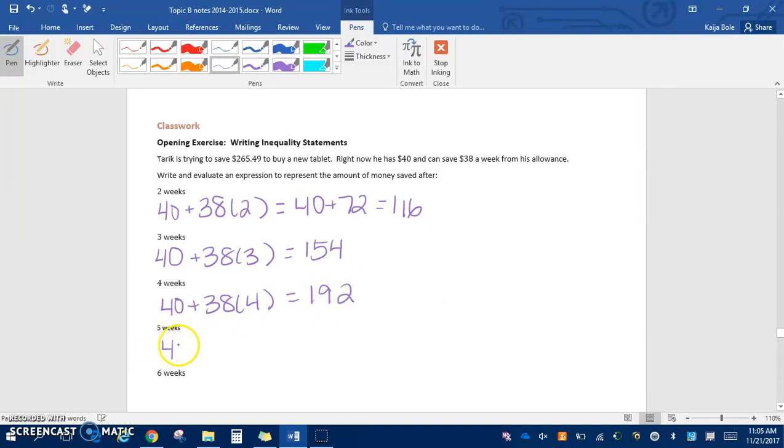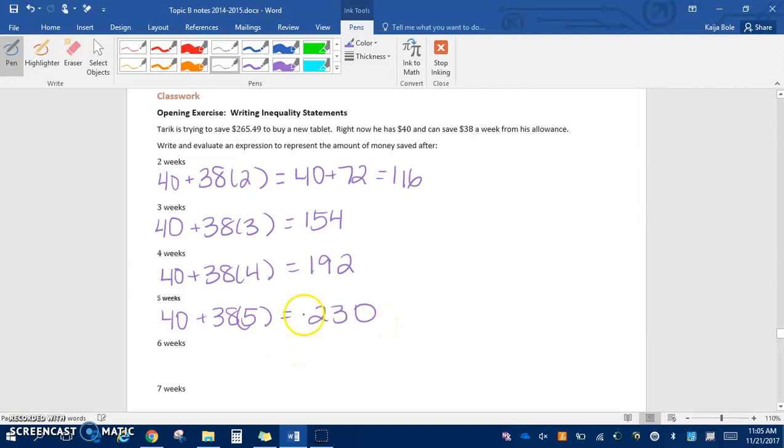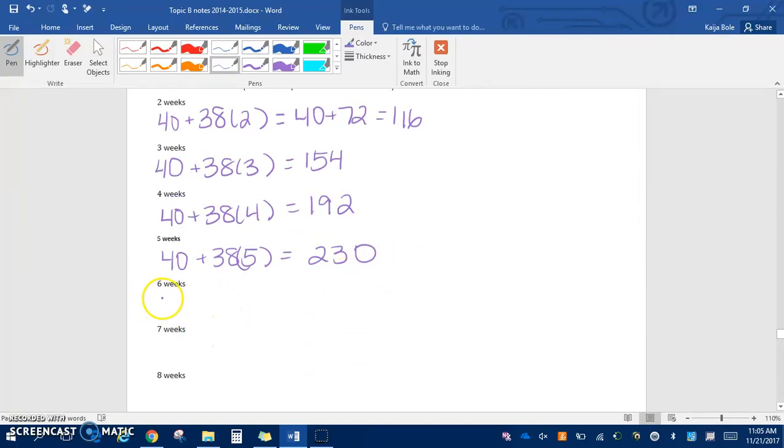5 weeks would be 40 plus 38 times 5, which would give you 230. 6 weeks would be 40 plus 38 times 6, which would give you 268. 7 would be 40 plus 38 times 7, which would get you 306.